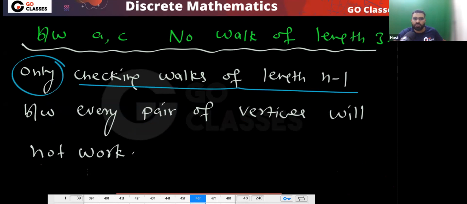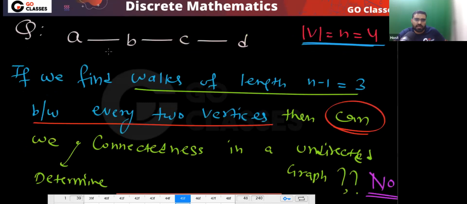That will definitely not work, because you can easily see in this example that between A and C we have no walk of length 3. So this is not going to work.